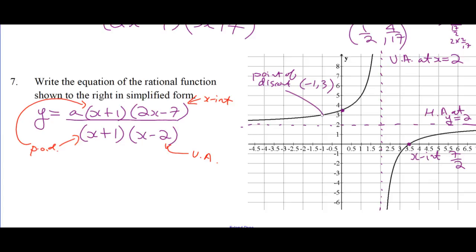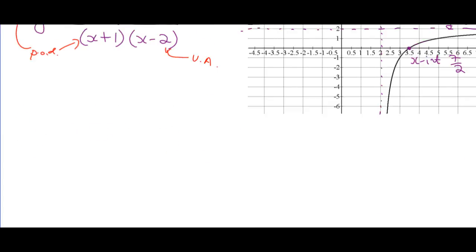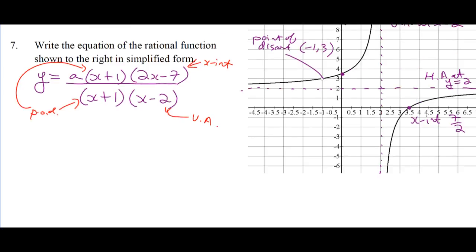So we know, in the simplified form, let's throw brackets around the x minus 2. The simplified form gives us the coordinates of the point of discontinuity.